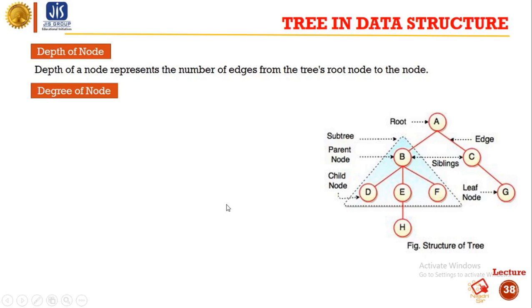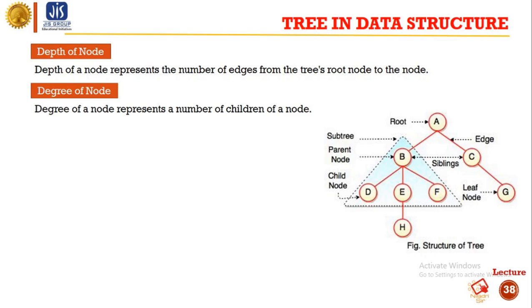Now, the degree of a node. The degree of a node is equal to the number of children the node has. As you can see, node A has two children, B and C, so the degree of A is 2.